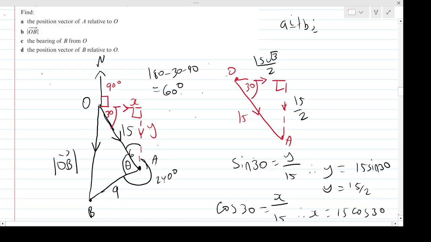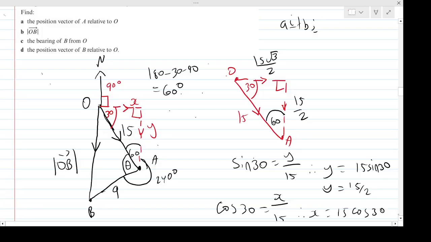So this has to be 60 degrees then. Hopefully you're with me there, right? So in this red triangle, this angle here has to be 60 because the other two angles are 30 and 90. So if I take them away from 180, I'll get 60 left, okay? That's the idea, okay?